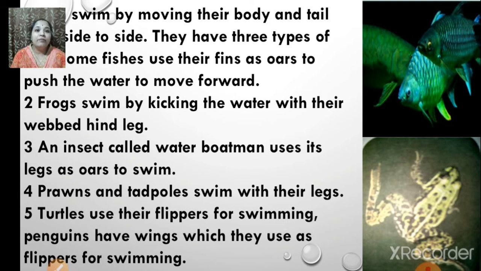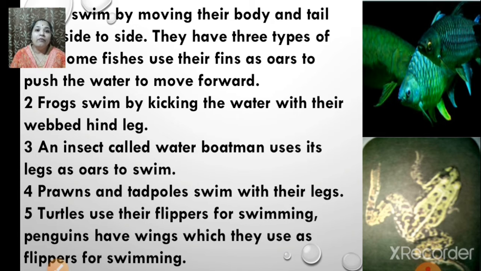So how does a fish swim? It swims by moving its body and tail side by side. Fishes have 3 types of fins. They use their fins to stop, to balance and to change direction. Now some fishes also use their fins as oars to push the water to move forward.